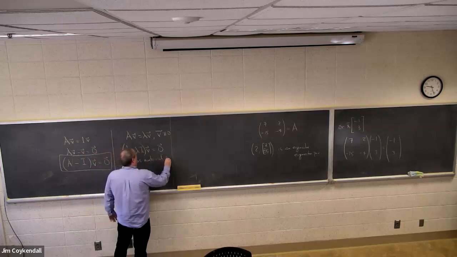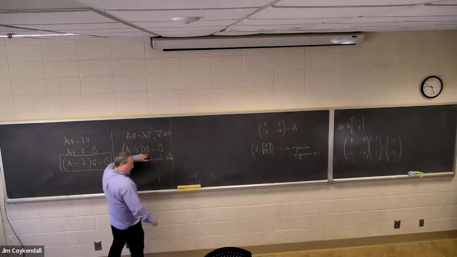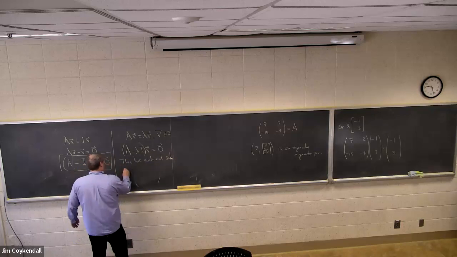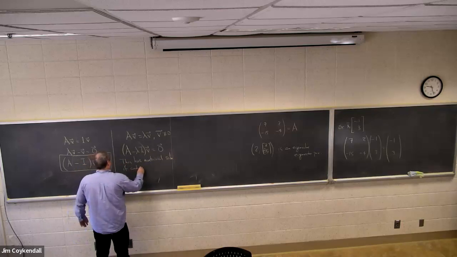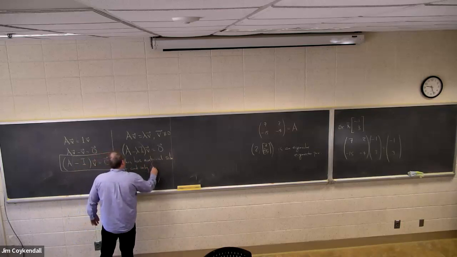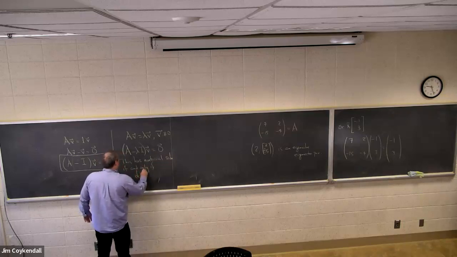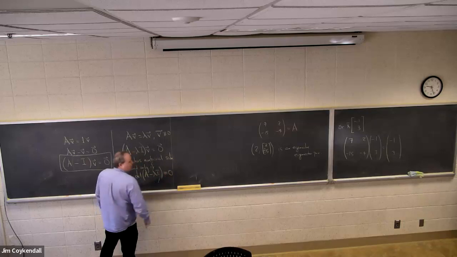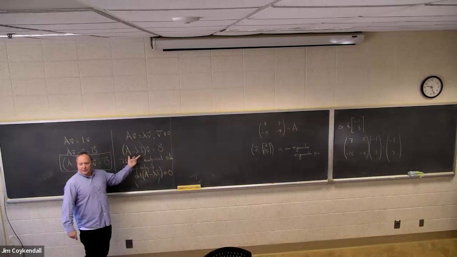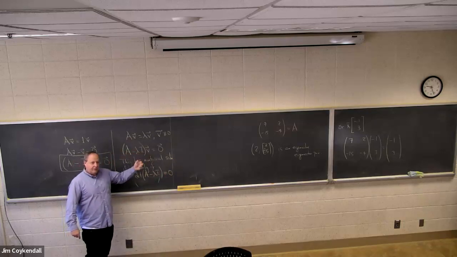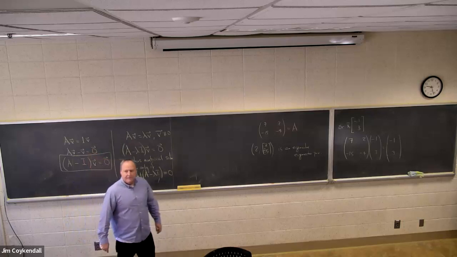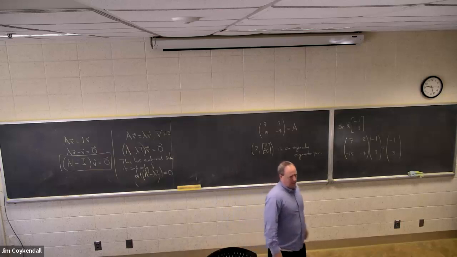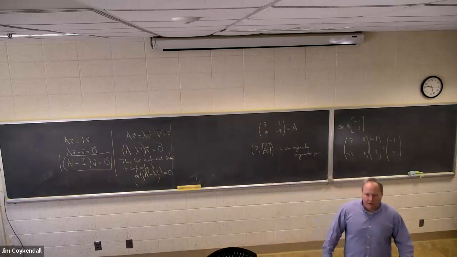That is to say, you get an interesting non-zero eigenvector if and only if the determinant of A minus lambda I is 0. This messy matrix has to have 0 determinant to give you an interesting solution. So this tells me where to hunt for eigenvalues.